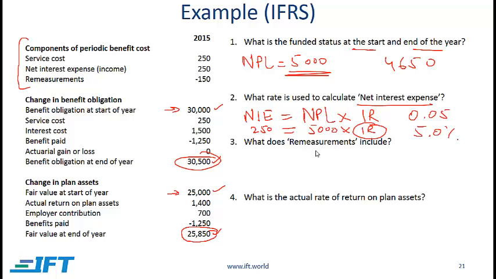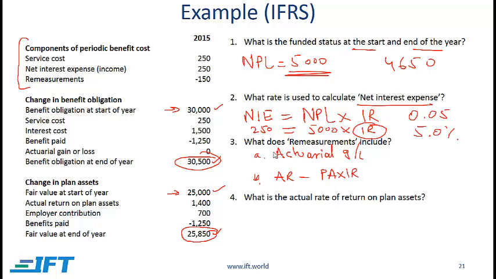What does remeasurements include? Now again, recall from our earlier discussion that remeasurements has two components. One component is the actuarial gains and losses. The other component is the actual return on plan assets minus the plan assets times the interest rate.